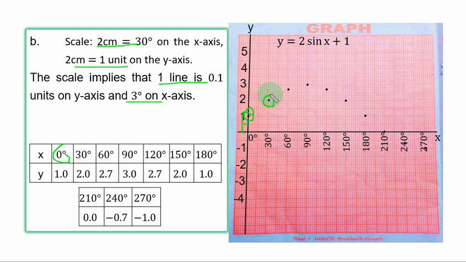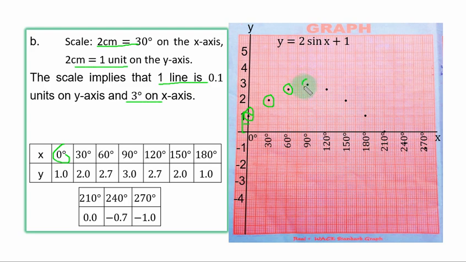Now we've stated that on the y-axis, one line is 0.1. From 2, if you count 7 lines upward, you have 2.7. That is somewhere here. You plot it against 60 degrees. When s is 90 degrees, y is 3.